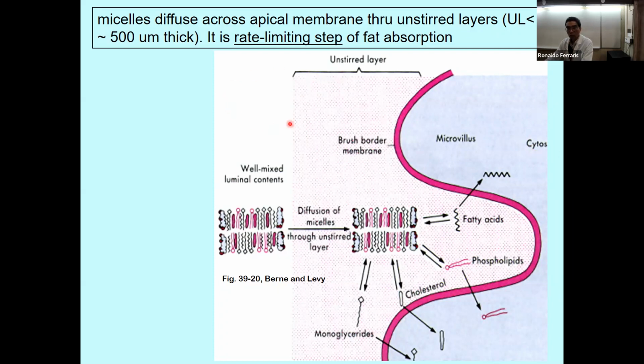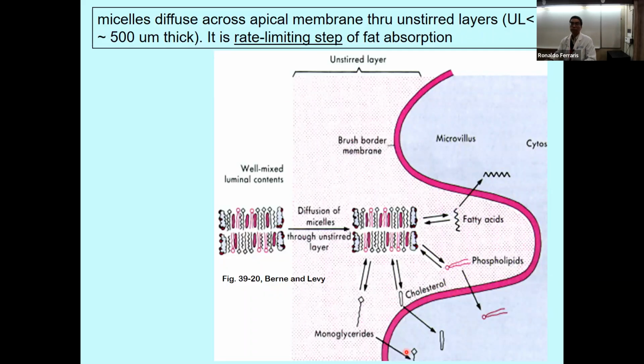This is the aqueous medium here, and these are the products of lipid digestion incorporated now into micelles. And what is this unstirred layer that's overlying the surface of all of these intestinal cells?